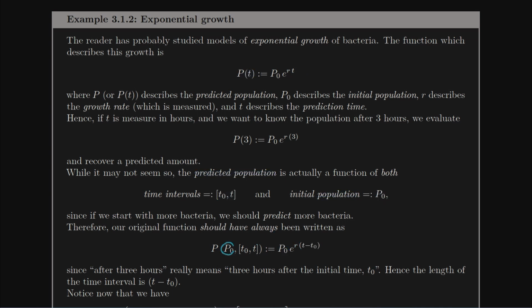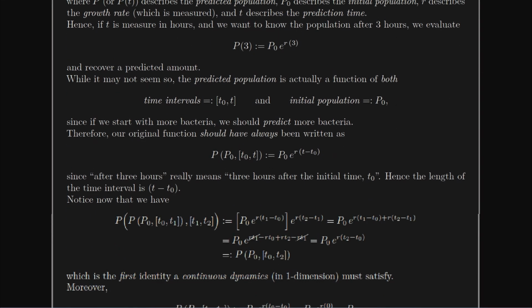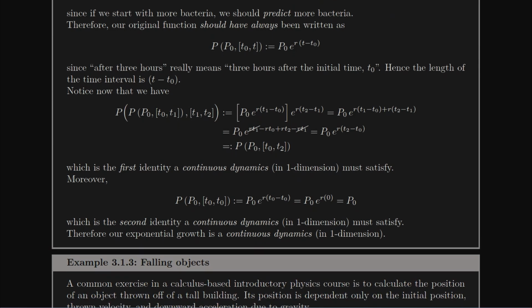And so we have a function of some sort of initial position or initial population and of a time window. And we can actually see that the definition of a dynamics is satisfied for this particular function. Now, what do I have to do with this function to show that I satisfy a dynamics is I need to verify that, well, first of all, if I compose these functions, then time windows add, right?